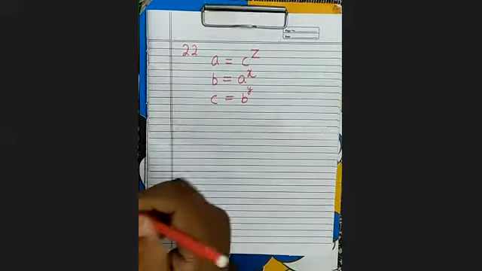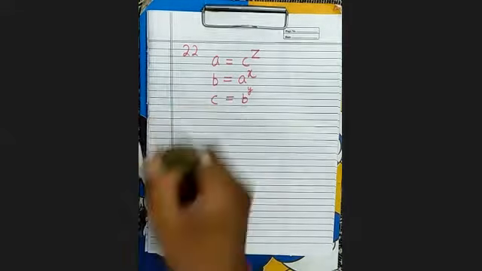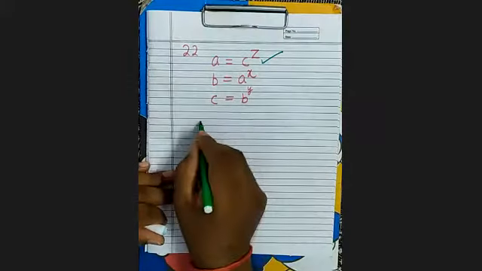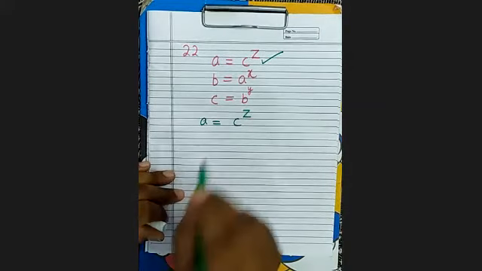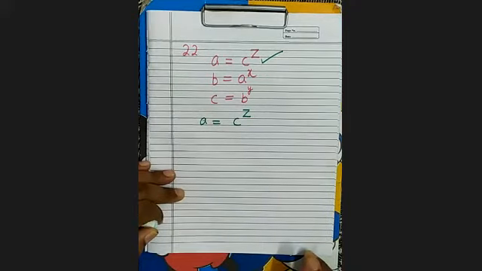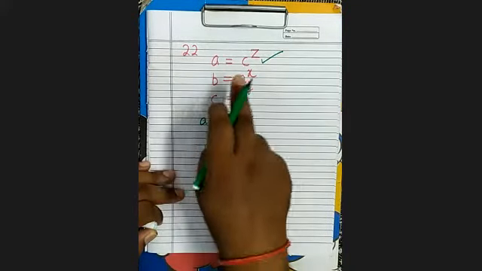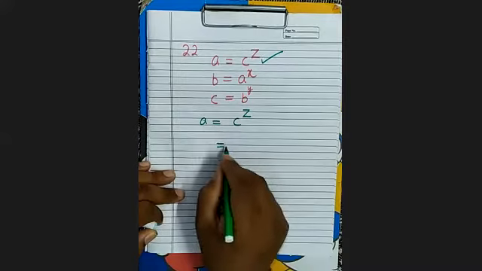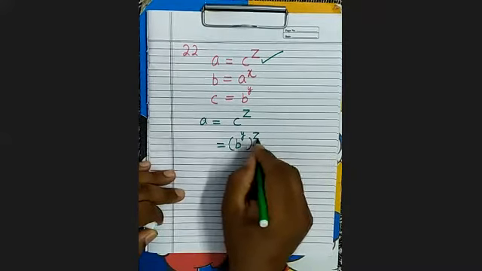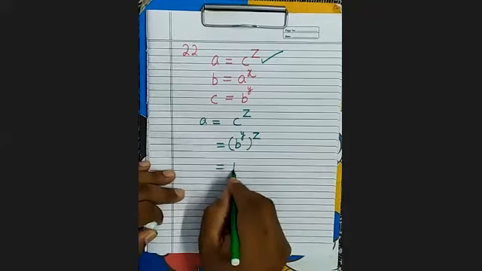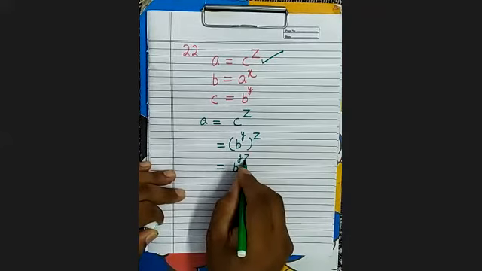So you begin from here. Begin from this: A equals C to the power Z. Now in place of C you can write B to the power Y. B to the power Y whole to the power Z means B to the power YZ.